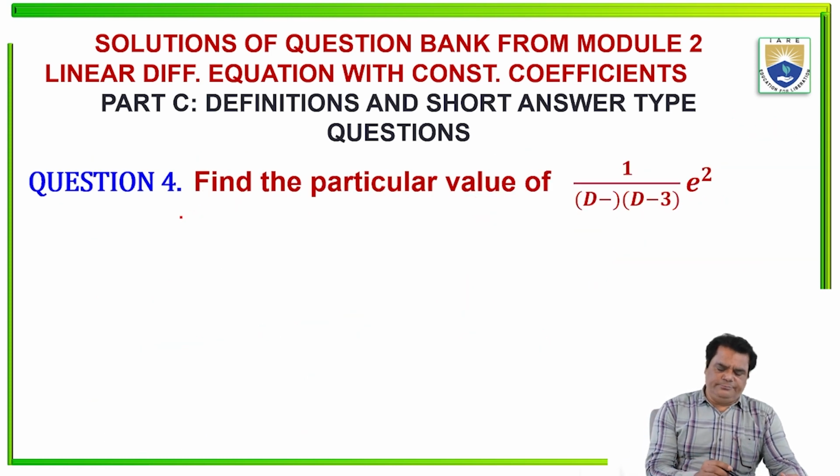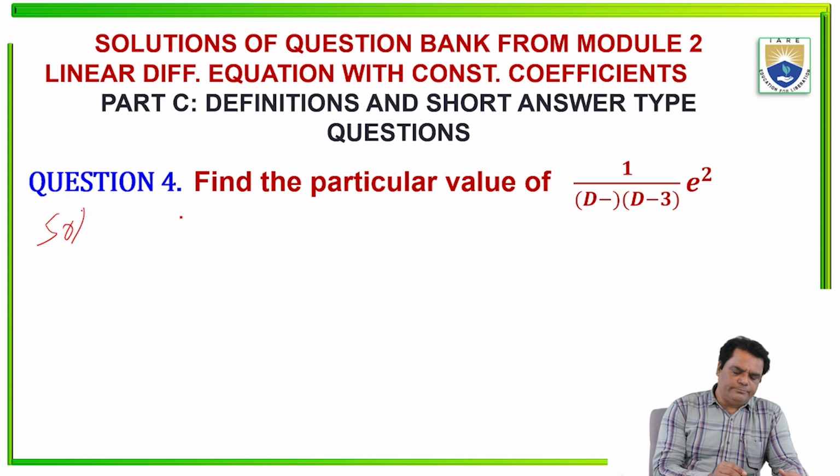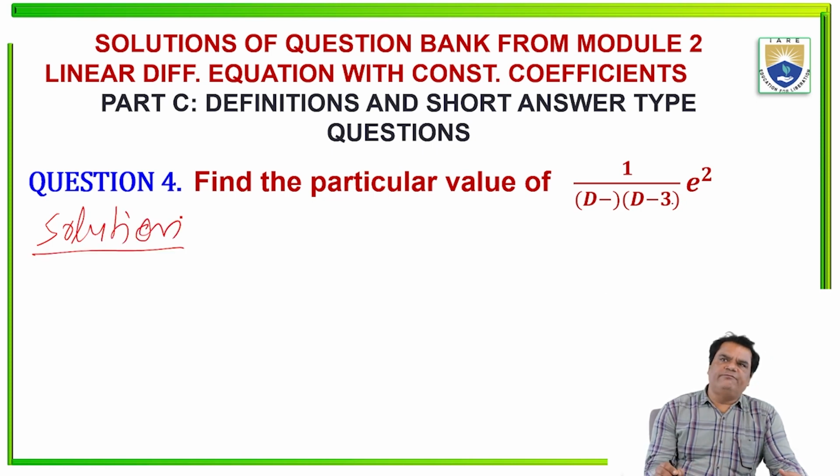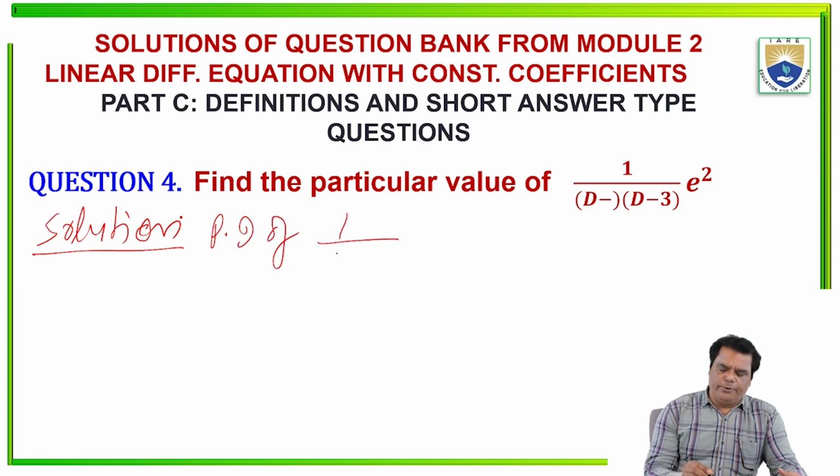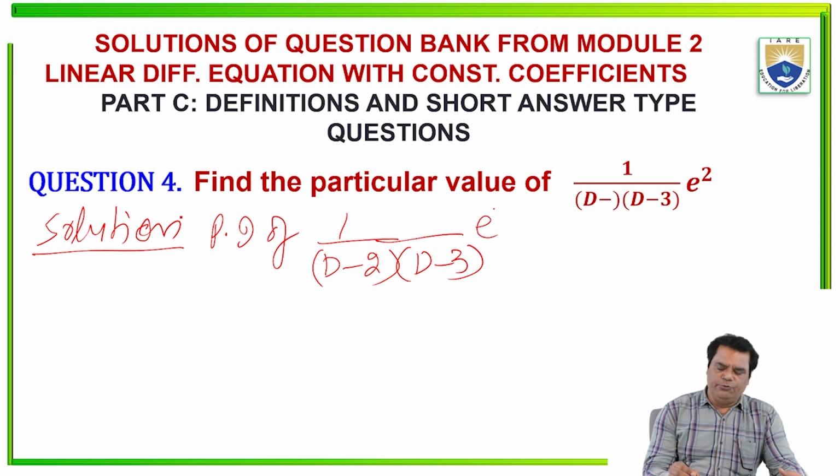Next result. Find the particular integral of 1 upon D minus 2 and D minus 3, whole, to the power e to the power 2x.